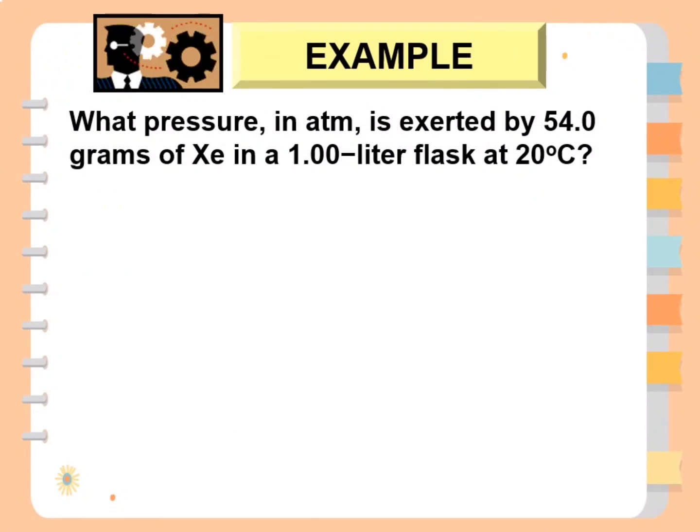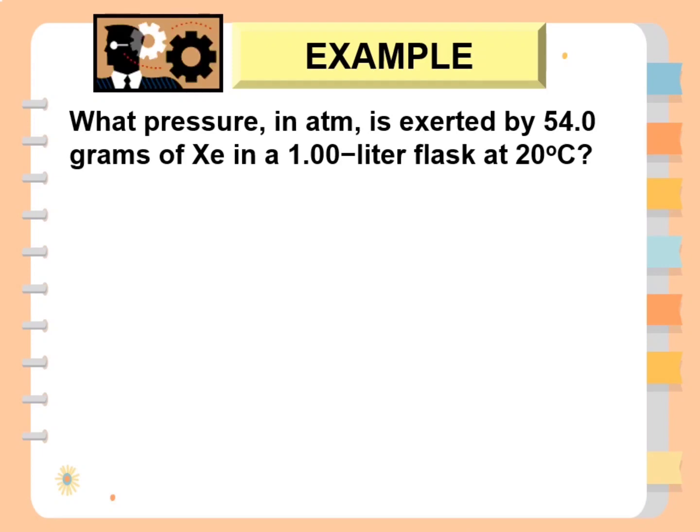Alright guys, so now we look at an example of a question that relates to the ideal gas equation. So apa yang you all kena buat macam biasalah. Okay, we need to read the question first and then take out the information given in the question.